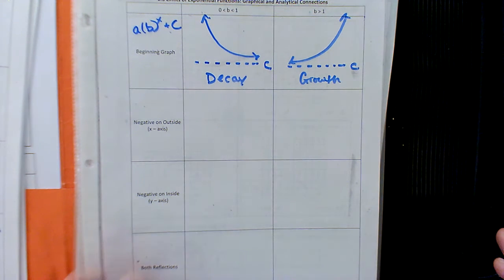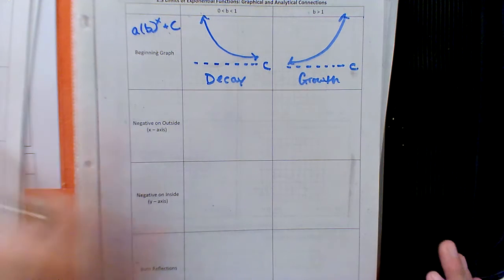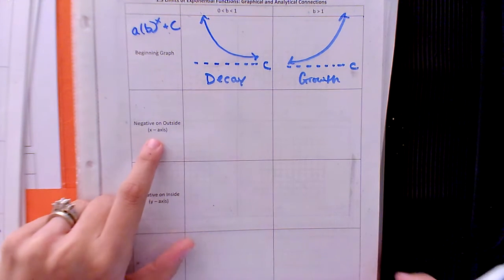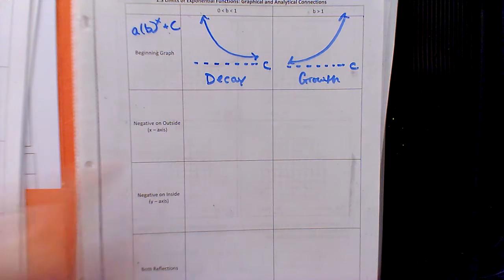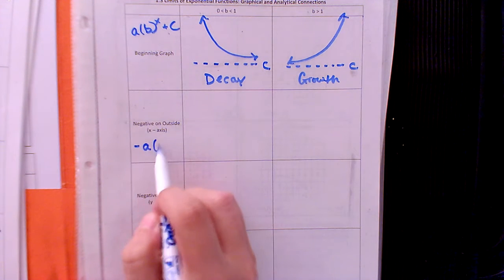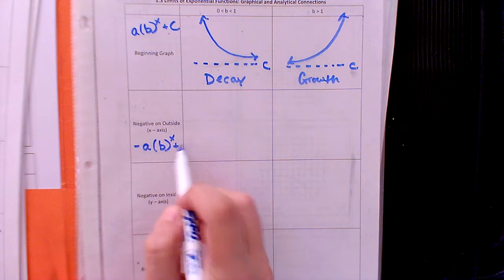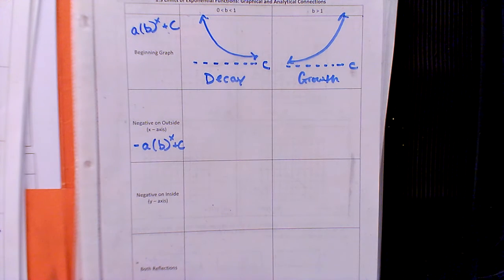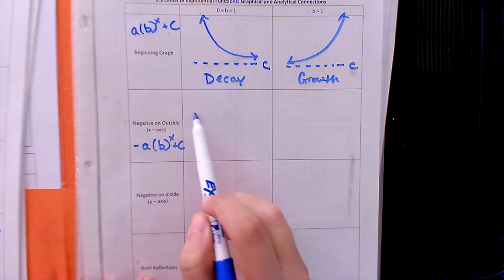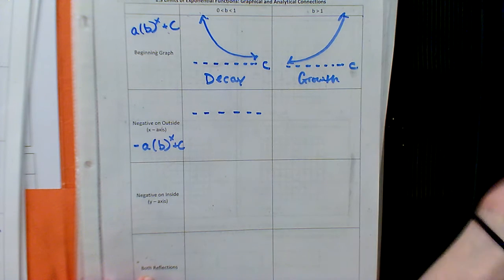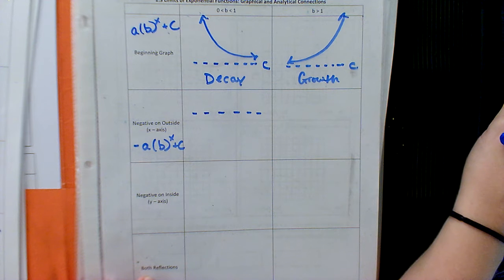Now they can start to change the moment we throw in some transformations. Okay, so we're specifically going to take a look at negatives, like how we can flip this graph. So if we were to throw a negative on the outside, that would look like negative a times b to the x plus c. That's indicative of an x-axis flip or reflection. How would that change this beginning decay graph? Can you describe it?